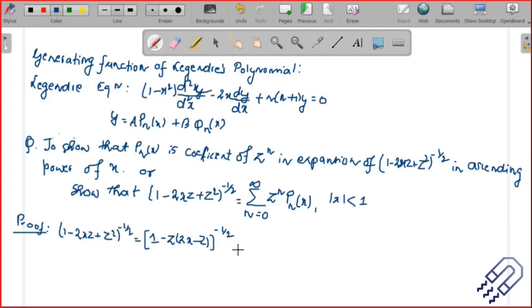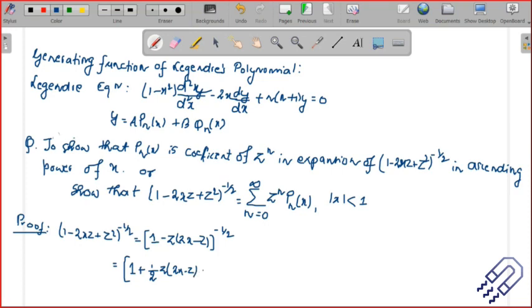This is an expression that I can write, and now I can use the expansion here. This is to the power minus half, there is a minus here, there is a minus here, so everything will become plus. So this is important, let's write it down carefully. So it will be 1 plus, and this half will come in front, minus half minus minus will become plus, into z is already there, and then it is 2x minus z.